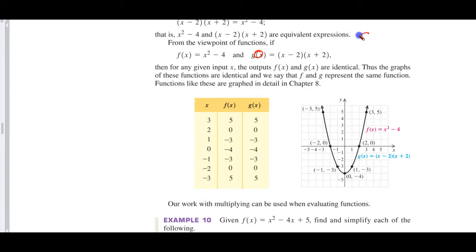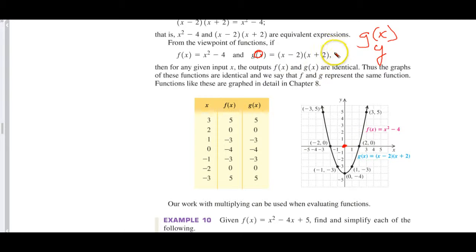So what did we say the g of x could also stand for? It could stand for the letter y. So this is like y equals this. And if y is 0, which is what this is then, and we look at the graph of this, y is 0 right here, what is our x value there? Well, a negative 2. What is our x value there? A positive 2.